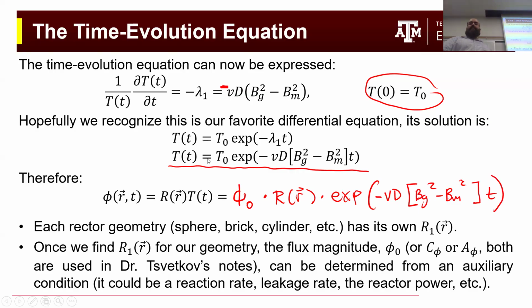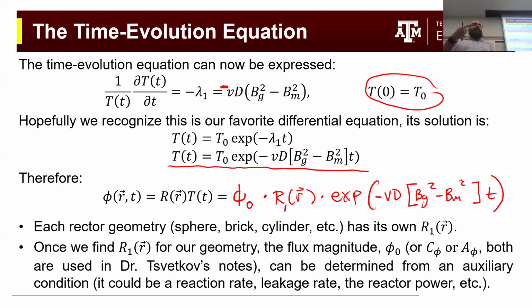What I've done is taken this T_0 and lumped it with the flux magnitude, which would be the thing that appears at the very front of our solution that gives it units that we would expect for a scalar flux. And this R is technically R_1, the fundamental mode eigenfunction that we want to be plugging in for our shape function. Depending on what the geometry is, you'll have a different value of the Laplacian, which will impact what that spatial shape function actually looks like.